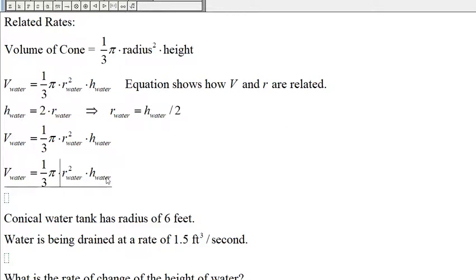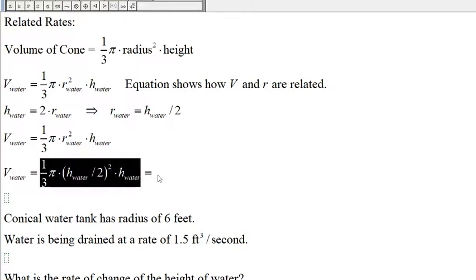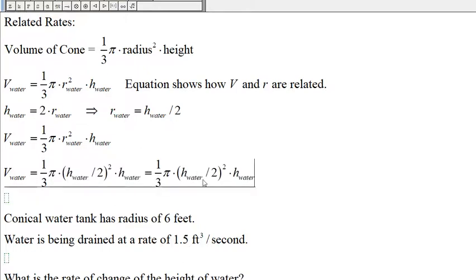So in place of R of water, we have H of water divided by 2, squared. If we square this, it becomes H squared divided by 4.